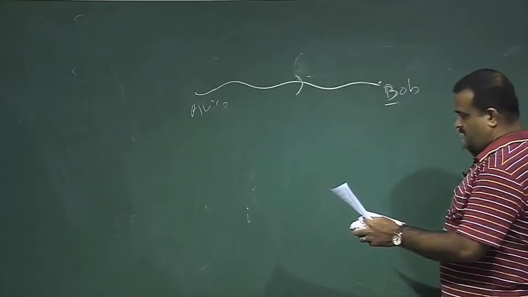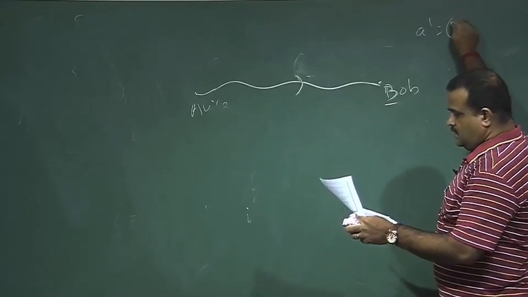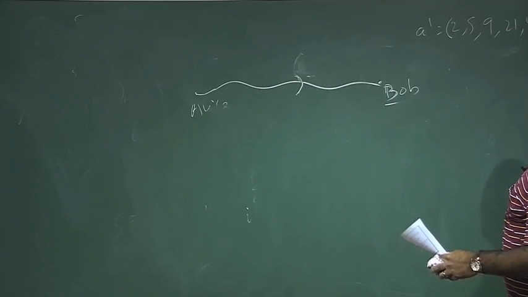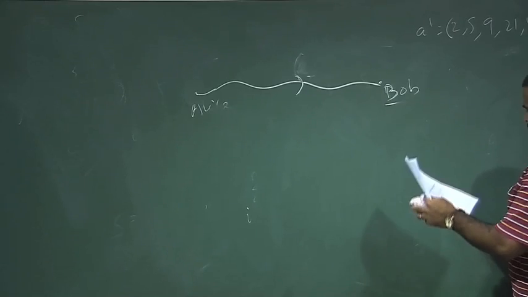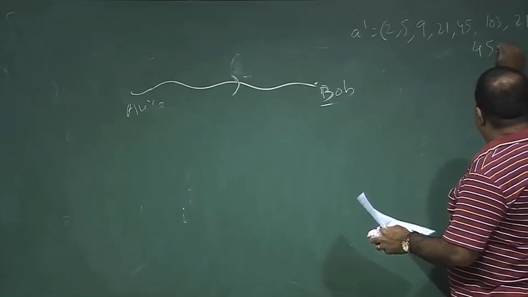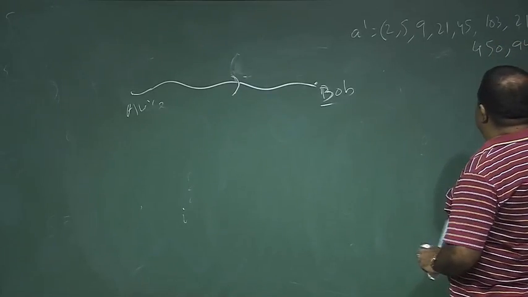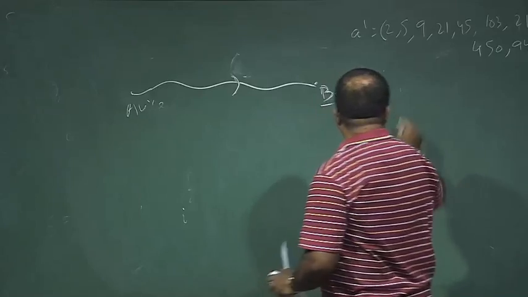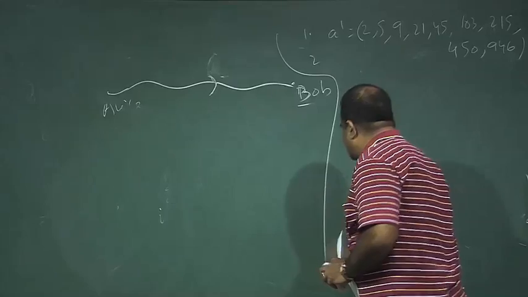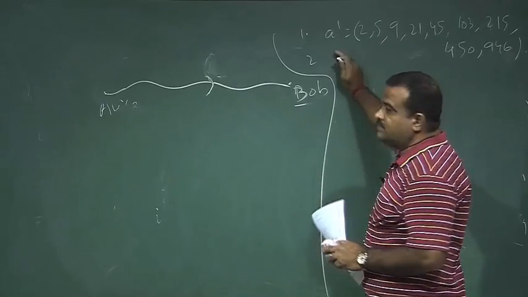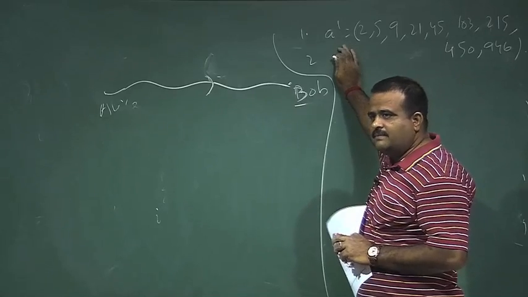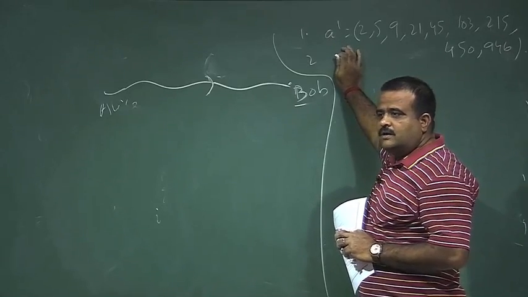Bob is choosing a super increasing sequence A prime, say 2, 5, 9, 21, 45, 103, 215, 450, 946. One can easily verify this is a super increasing sequence. This is the private key of Bob, and Bob keeps this as a secret key.